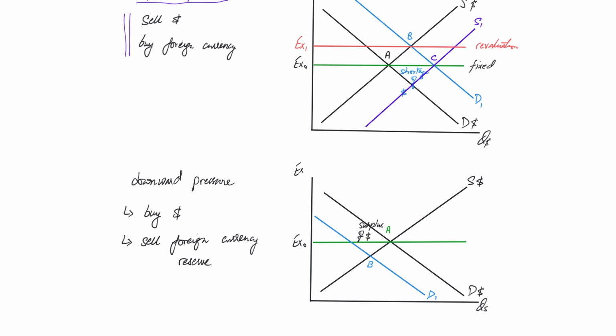In some places you will come across a situation where they will say that when you are buying dollars from the international market, the demand for dollar is going to rise, and this D1 will go back to its original point and the markets will go back to point A.